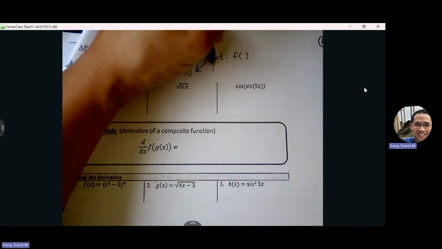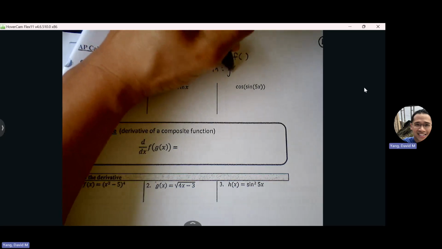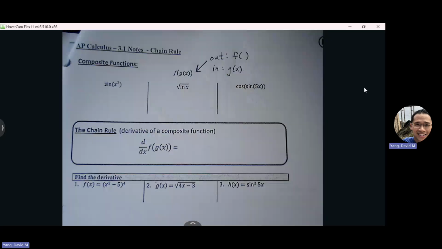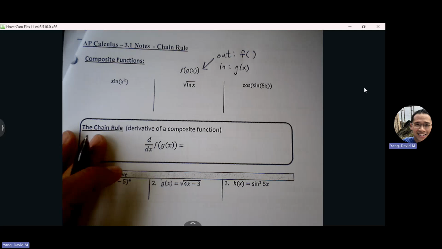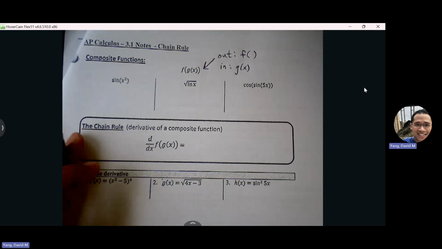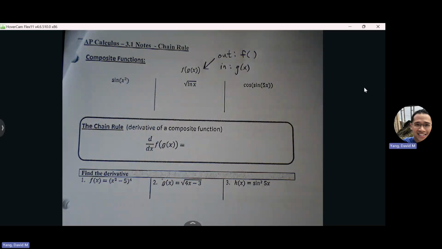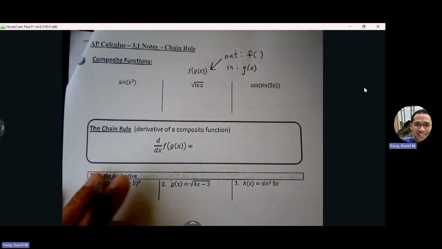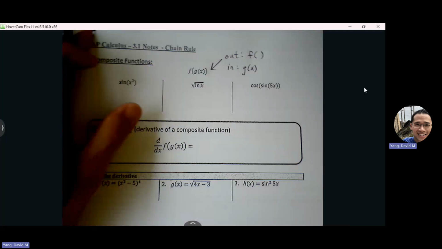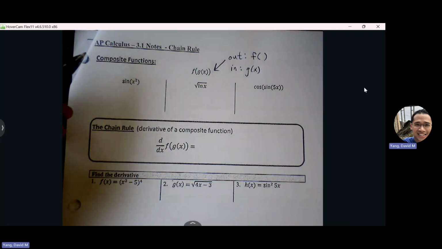And then the inside portion is the g of x. And if we can recognize the inside and outside portions of a function, then the derivative becomes a lot more manageable, because then you can just think of, I'm just going to take the derivative of the outside portion, and then in turn take the derivative of the inside portion. So just want to start off by identifying these outside and inside portions.